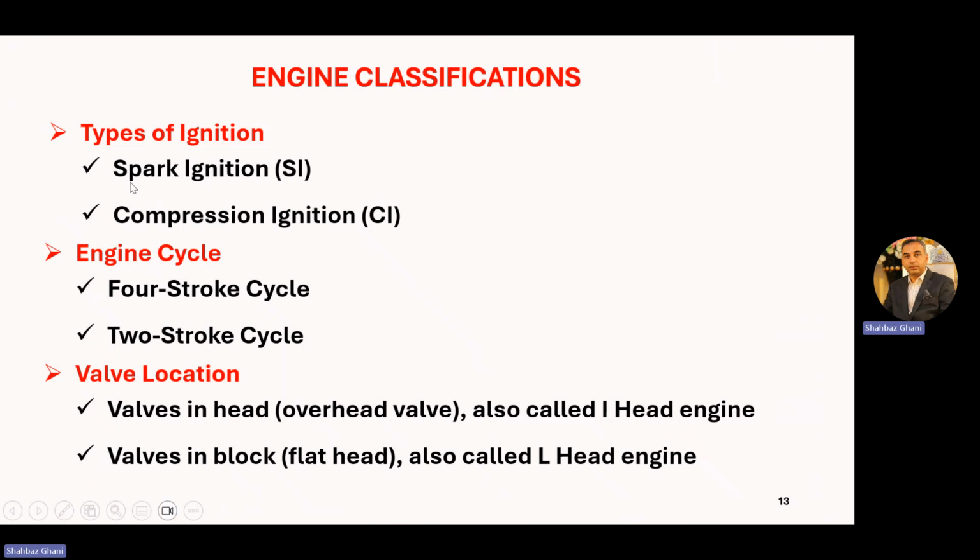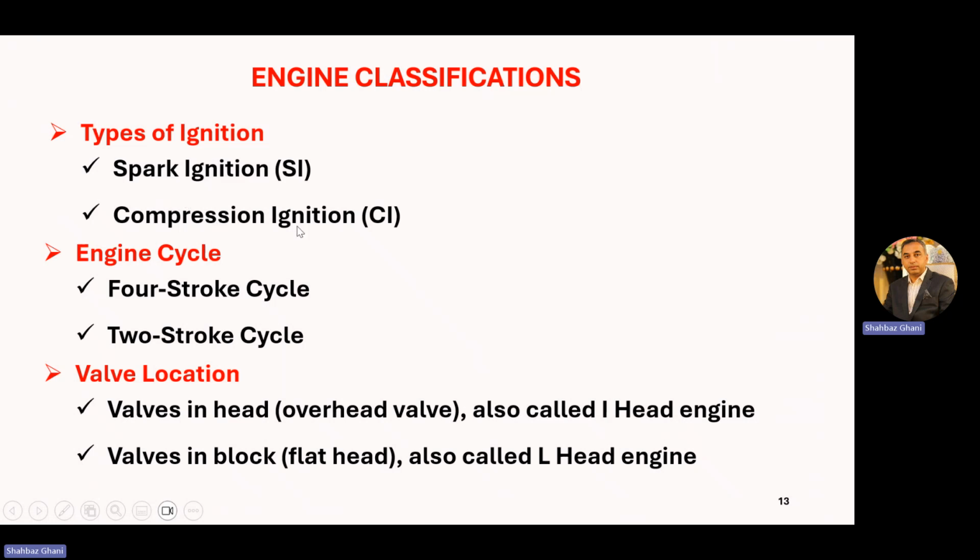First, there are 2 types of ignition. One is spark ignition, also known as the SI engine or spark ignition engine, in which there is a spark from a spark plug.